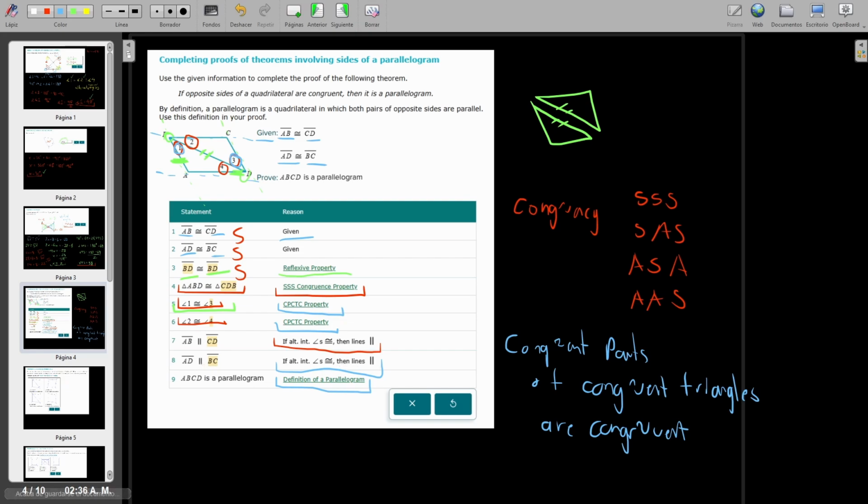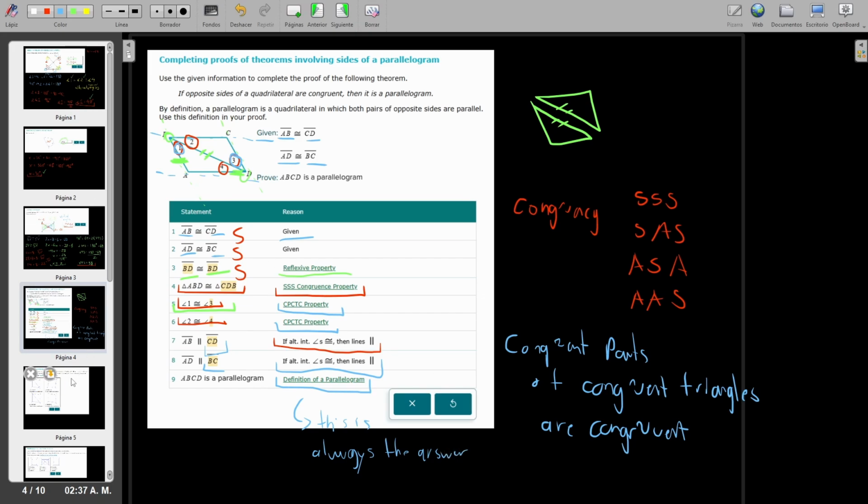So AD equals BC, AD equals BC and AB equals CD. And remember, the last part is the definition of a parallelogram. This is always the answer. Okay?